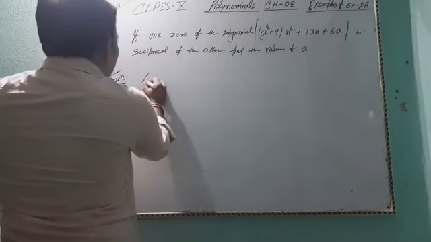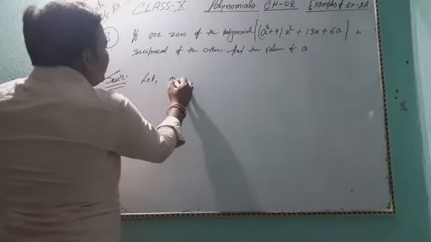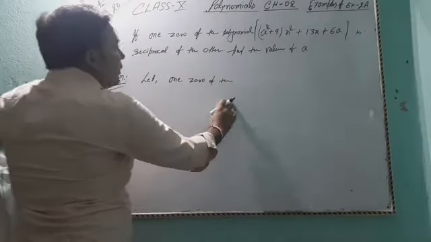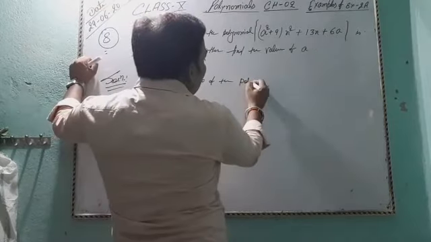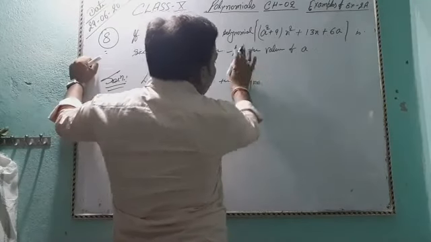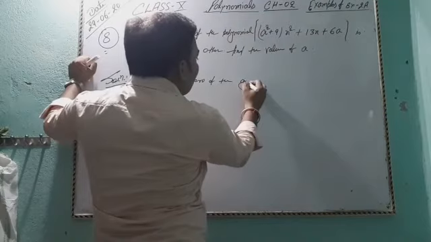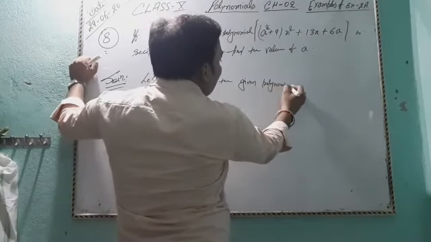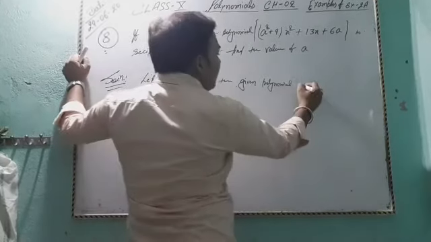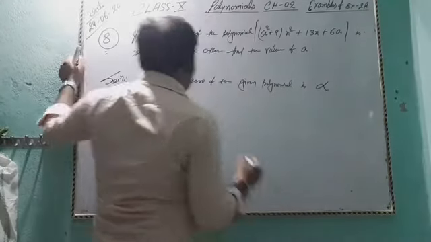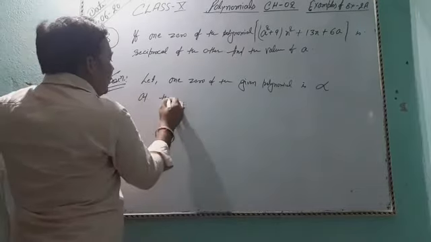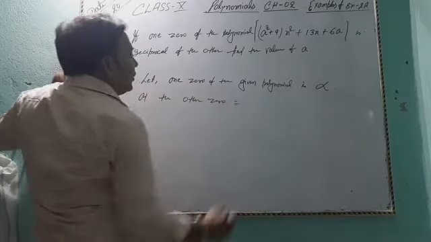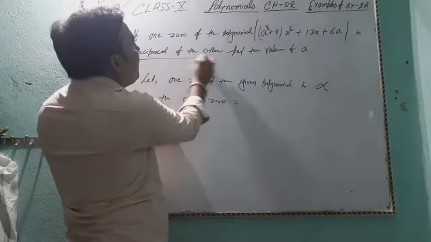Let one zero of the given polynomial be alpha and the other zero is the reciprocal of the other.